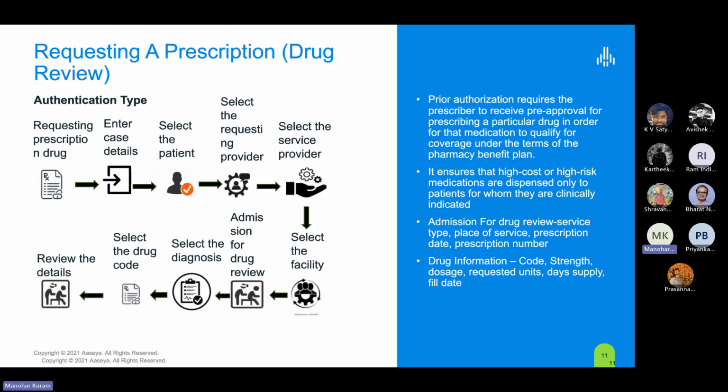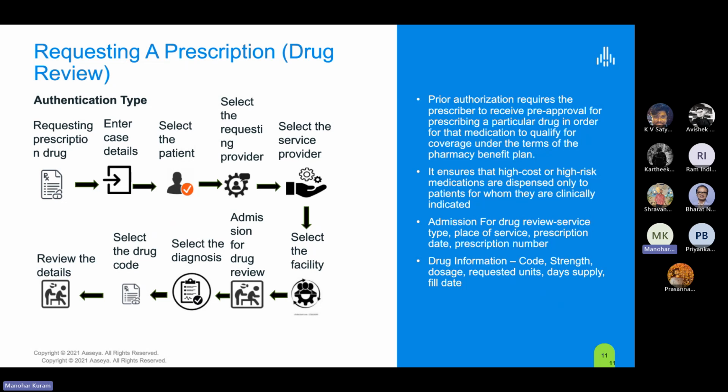Let me walk you through the drug prescription. In drug prescription, a prior authorization requires the prescriber to receive pre-approval for prescribing a particular drug in order for that medication to qualify for coverage under the terms of the pharmacy benefit plan. Here we will enter the case details, select the patient, select the requesting provider along with the service provider, and select the facility.